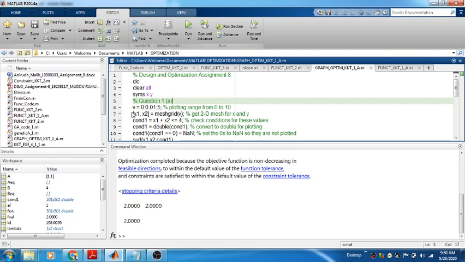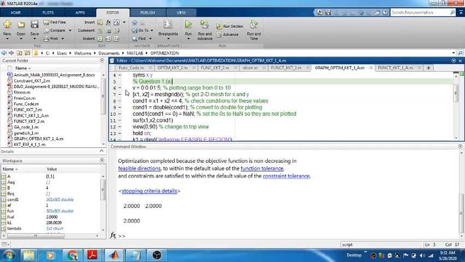So this is the mesh grid, which you already know. The first condition is this grid, where x1 plus x2 is less than or equal to 4. Now for the syntax, you need to write everything in a surface plot, and the view will be from the top.